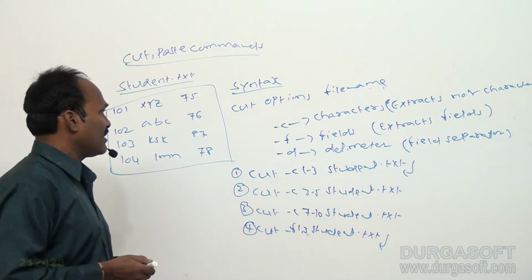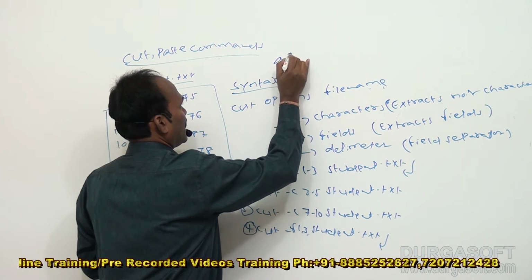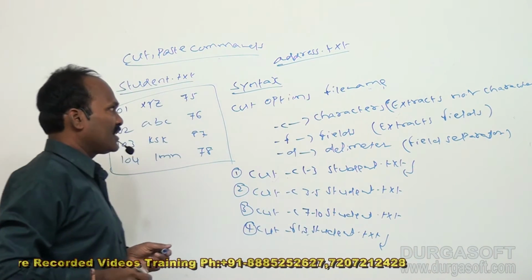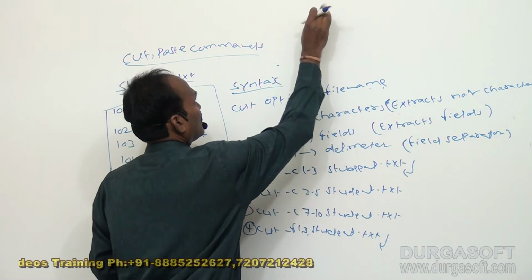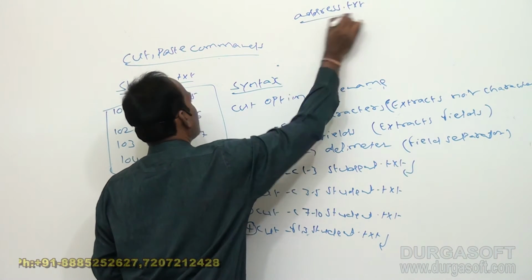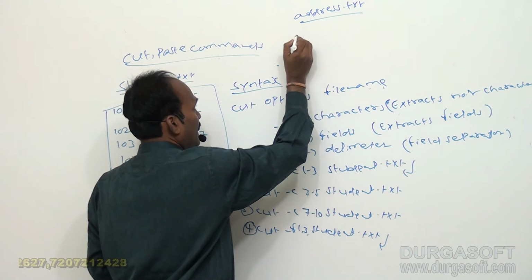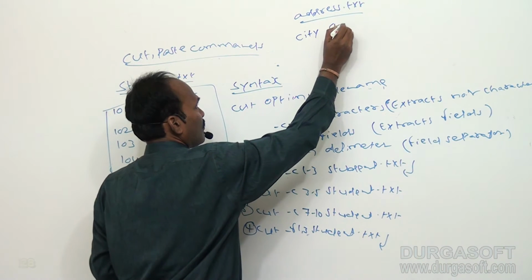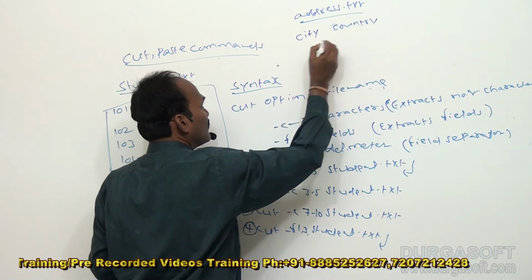Okay. So how can it be done? I will show this. Suppose here we have another file called address.txt. In address.txt I have some fields like city and country.